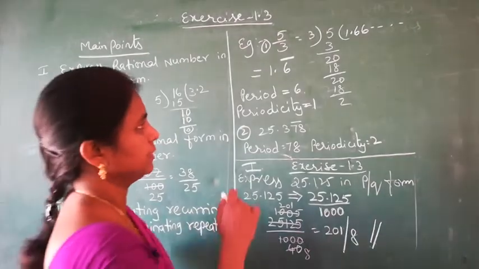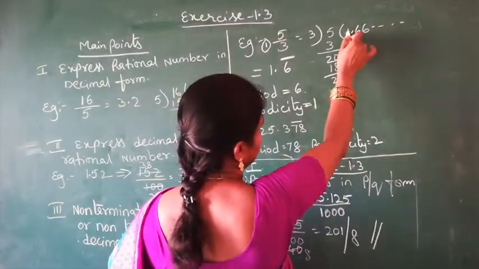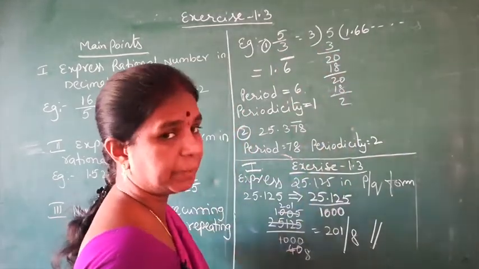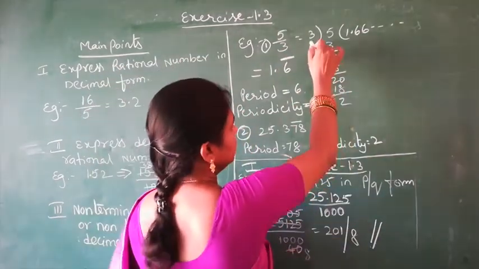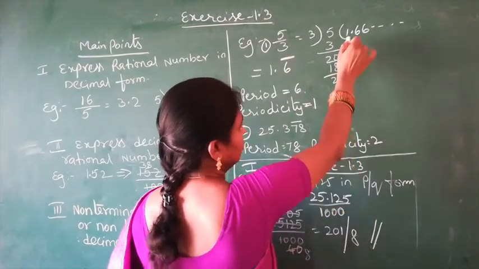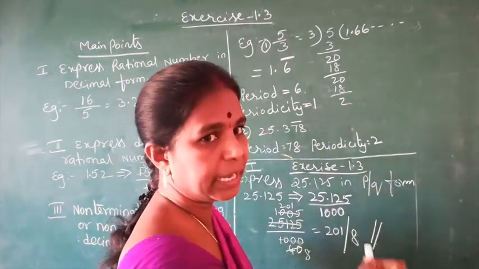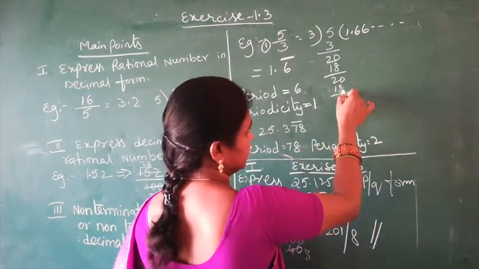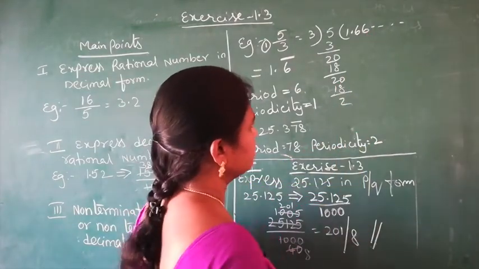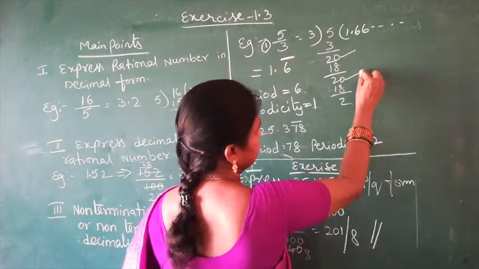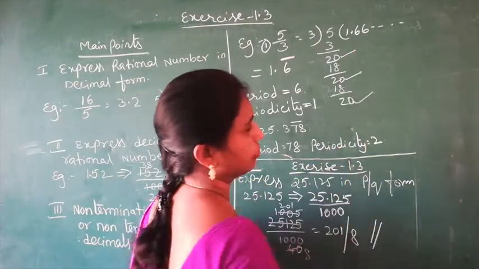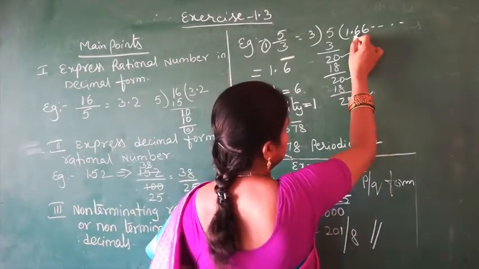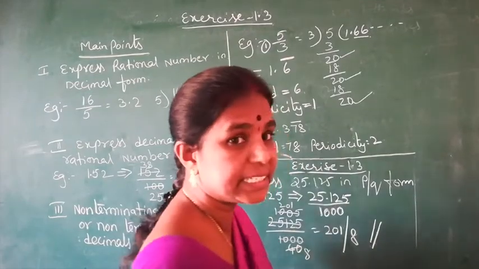Example, 5 by 3. How many times does 3 go into 5? 1 time, then 2 remainder. Then if you put the point, you can add a 0 to the remainder and it becomes 20. Now 3 sixes are 18, again 2. Again 20, 6 threes are 18, again 20. Here the remainder is repeating, 20, 20, 20, and in the quotient the digit 6 is repeating.